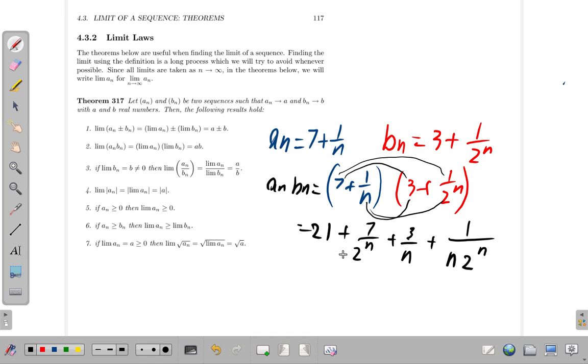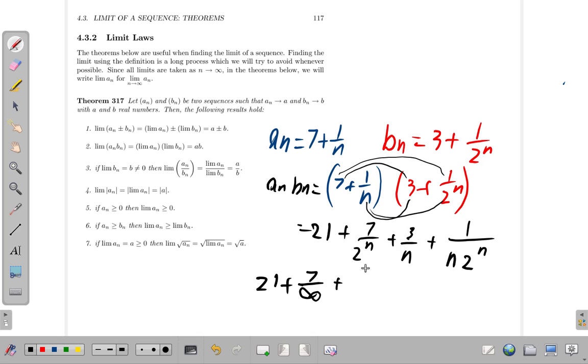Now, let n tend to infinity. You have 21 plus 7 over, well, as n becomes larger and larger, you know that 2 squared is 4, 2 to the power of 3 is 8, 2 to the power of 4 is 16. This is becoming infinitely large.